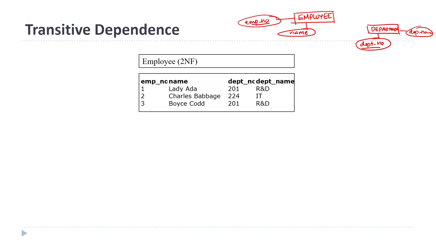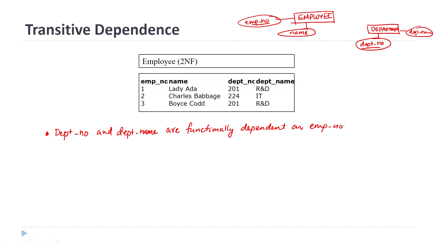So, how do we address this problem? The way to think about it is department number and department name are functionally dependent on employee number.